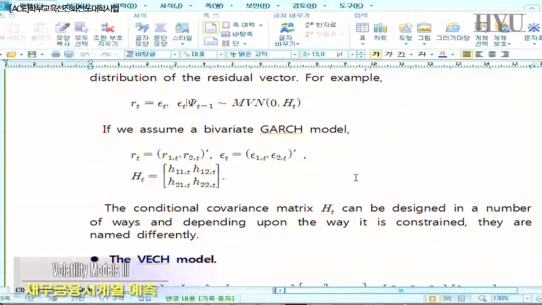This is, in our previous notation, sigma t squared. Sigma t squared. Then what are those? Covariances, right? And we all know that the covariances are symmetric, right? So what we need is we need to specify this one, then either this or that, right?